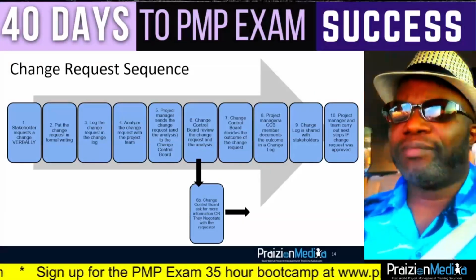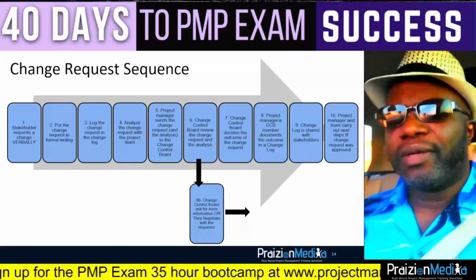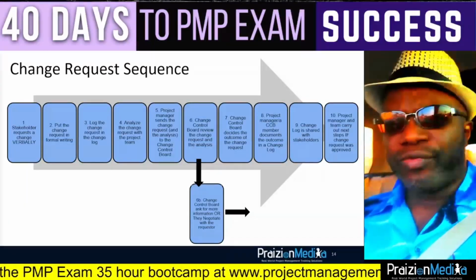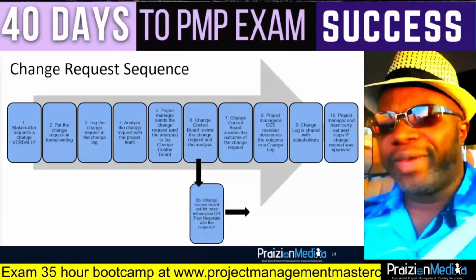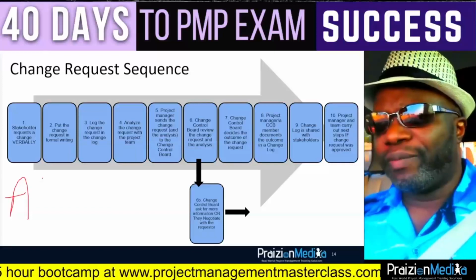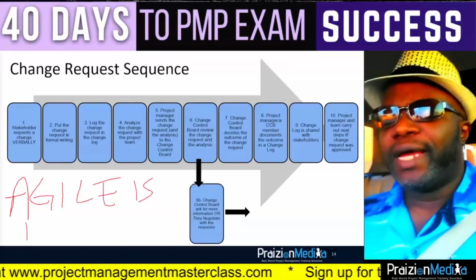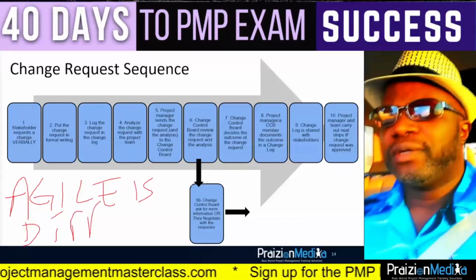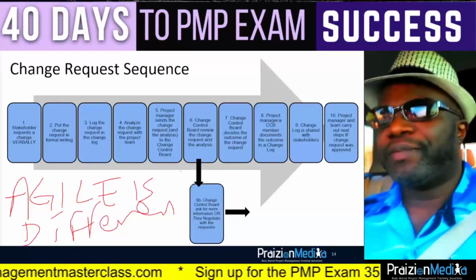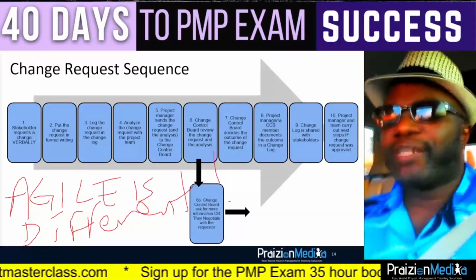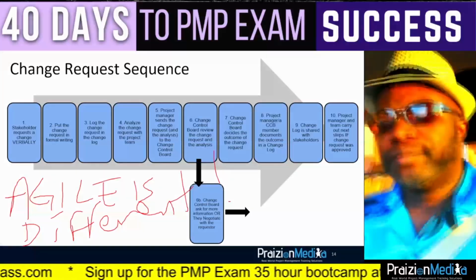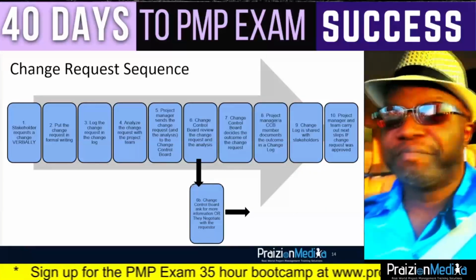So just keep that in mind. Agile is a risk coping mechanism, change coping mechanism, complexity coping mechanism. And as far as how change is managed in Agile, it's extremely fluid, extremely dynamic.